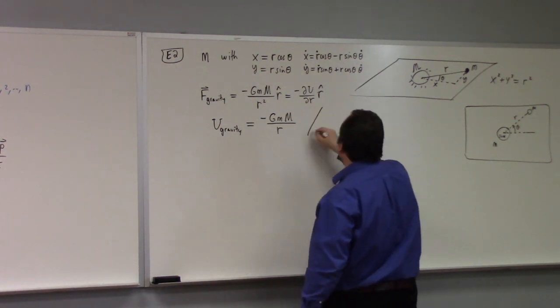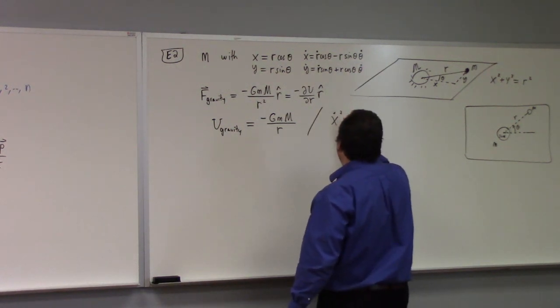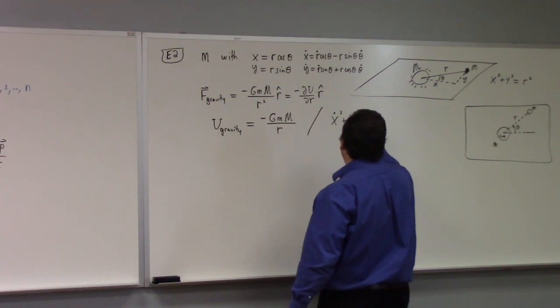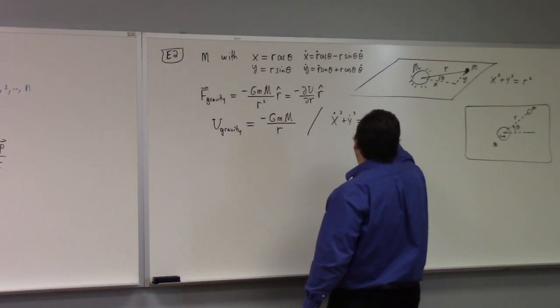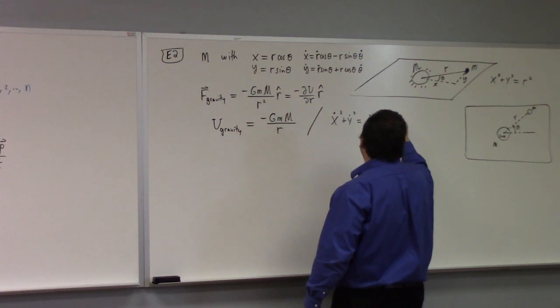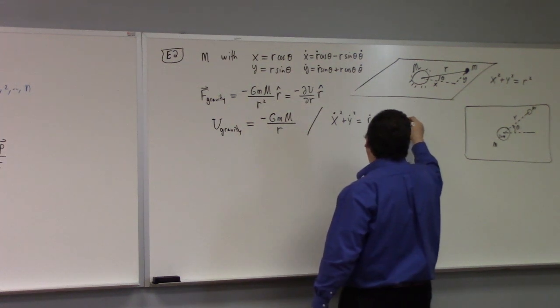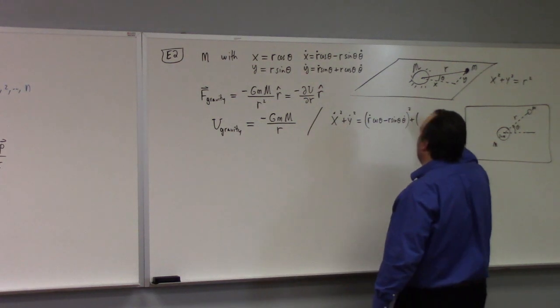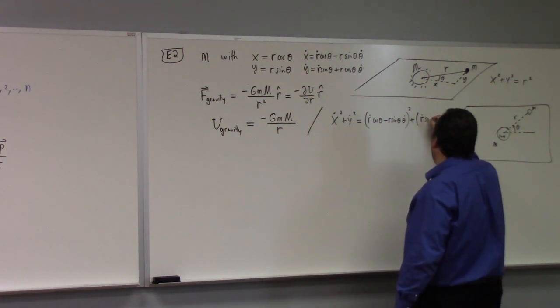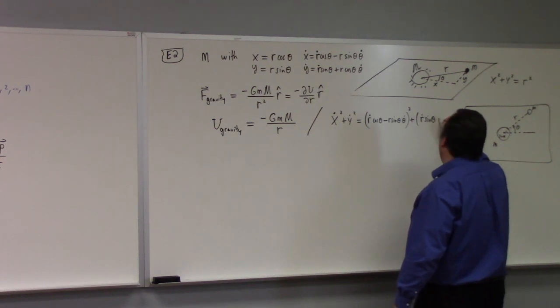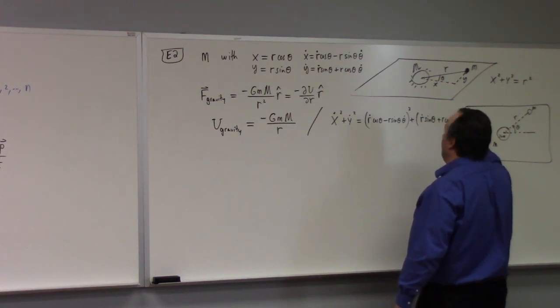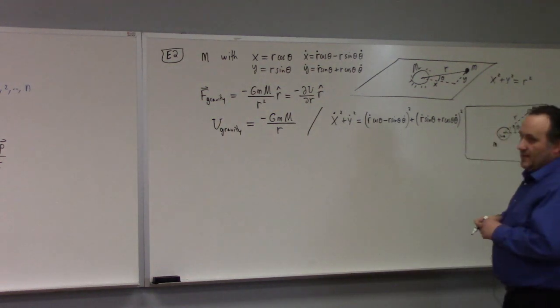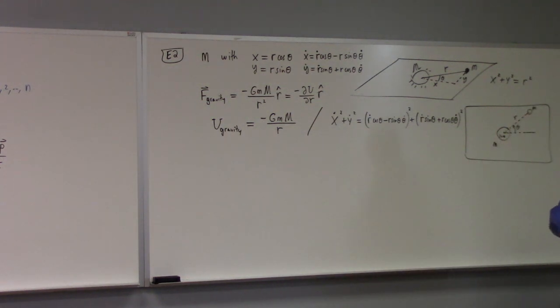So what happens here if we calculate x dot squared plus y dot squared? What do you get? Foil those out, see what happens.